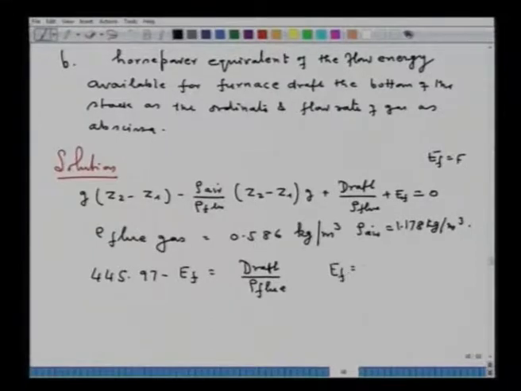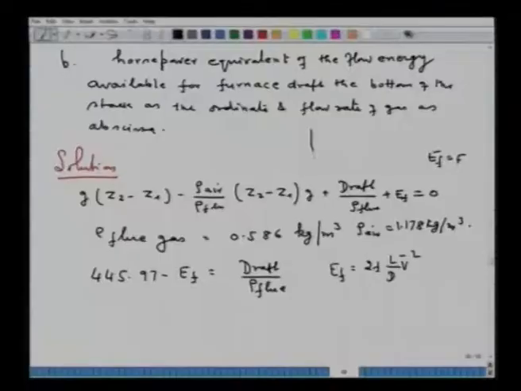Now EF we have to take as 2f L by D V bar square, since we are taking section 1 and section 2 right at the inlet and right at the bottom. In a way, this is our flue, this is my section 1 and this is my section 2. So that is where EF is equal to 2f L by D V bar square. So I can solve now for EF. f you have to calculate.